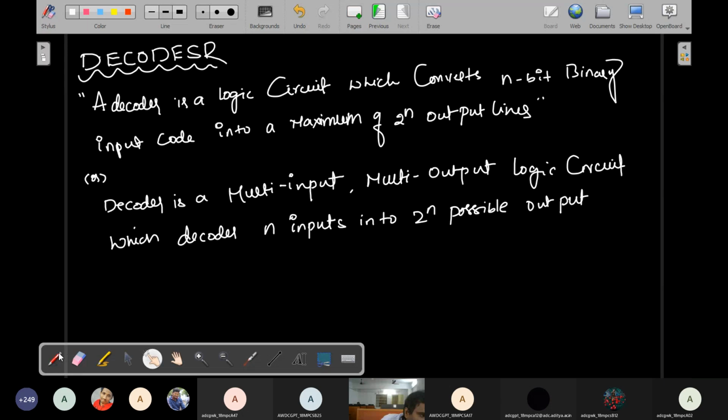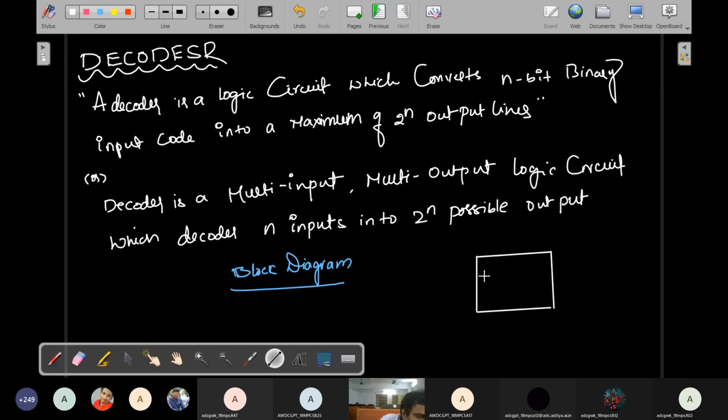See, this is the decoder. It consists of n inputs.